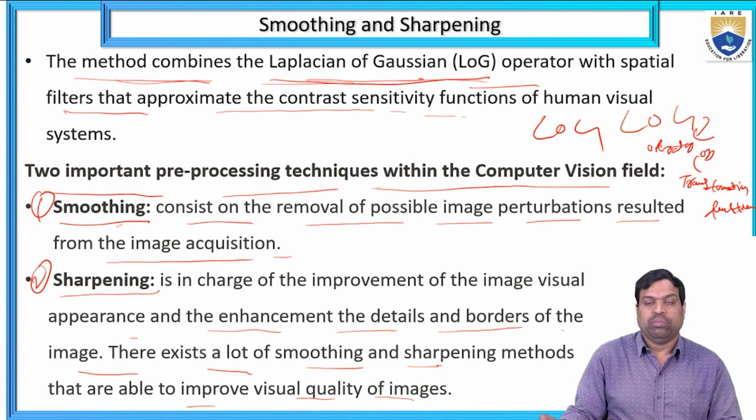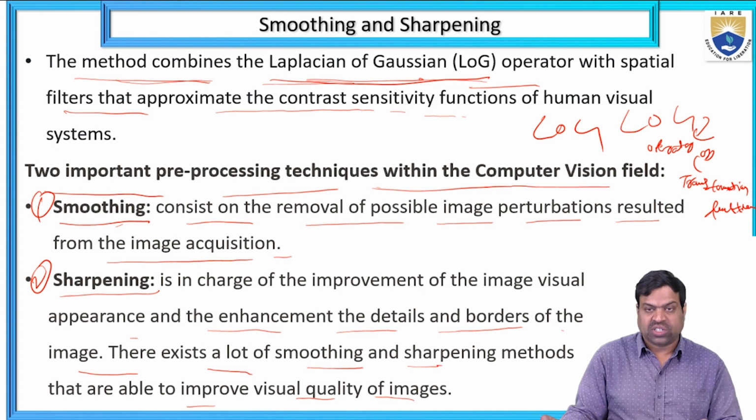The two major pre-processing techniques in the computer vision field are smoothing and sharpening. Smoothing consists of the removal of possible image perturbations resulting from image acquisition, and sharpening is the improvement of the image's visual appearance and the enhancement of detail and borders.